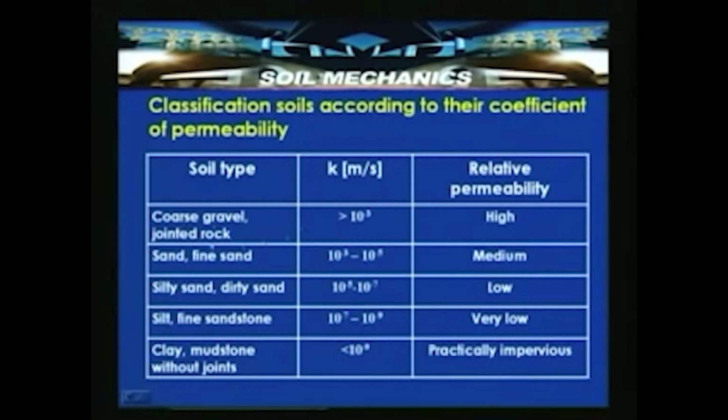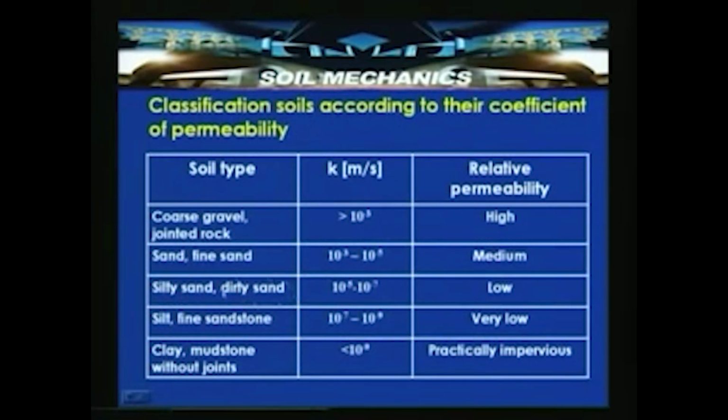If the soil is coarse gravel or jointed rock, then it can have permeability greater than 10 to the power of minus 3 meter per second, and it is said to have high permeability. Fine sand can have permeability of the order of 10 to the power of minus 3 to 10 to the power of minus 5 meter per second. It is said to be of medium permeability.